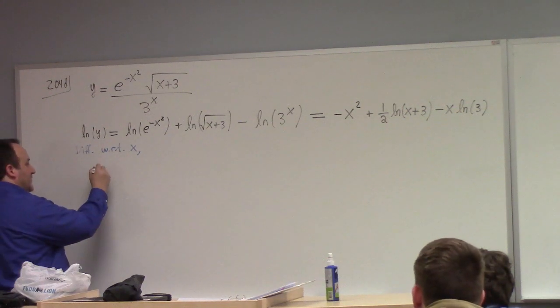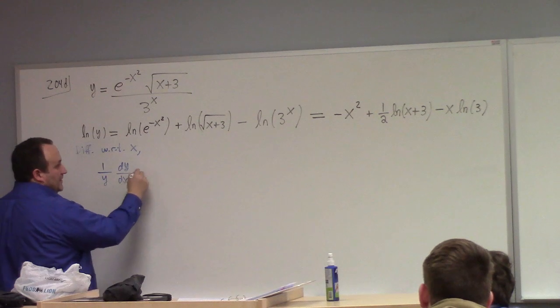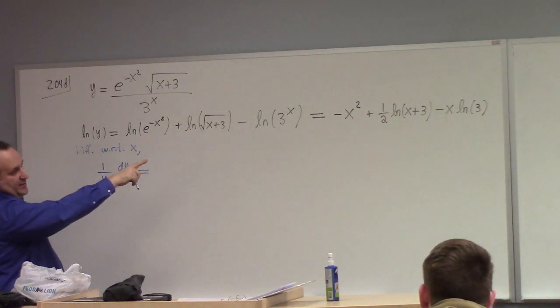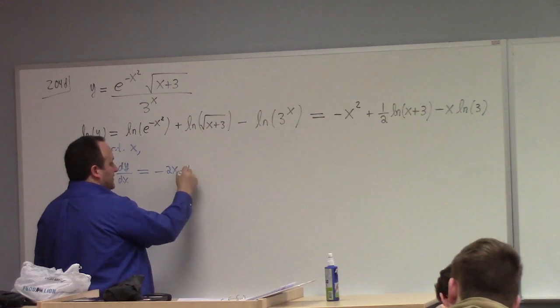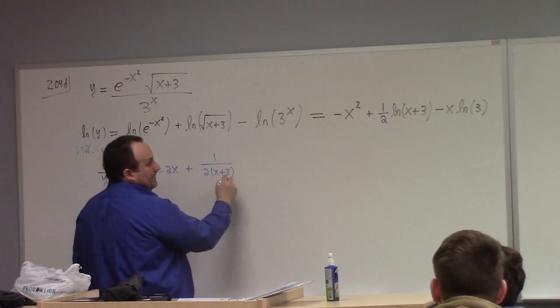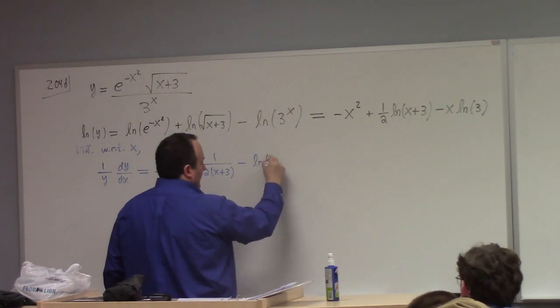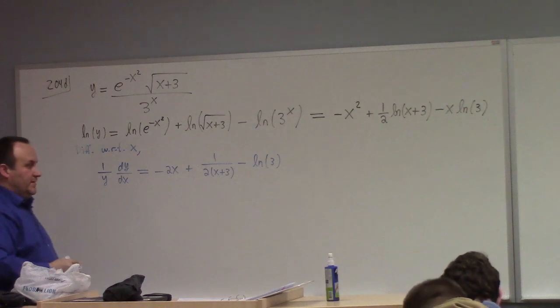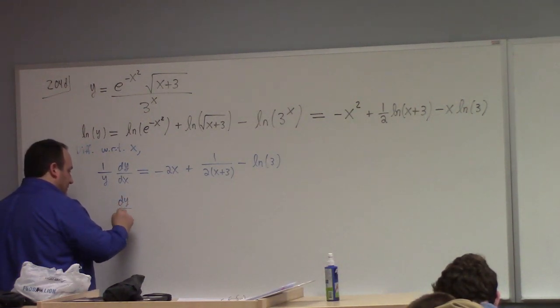All right, 1 over y, dy dx by the chain rule. And we differentiate over there, we get what? Minus 2x plus 1 over twice x plus 3. And then minus, well, log 3. And now, finishing move, solve for dy dx.